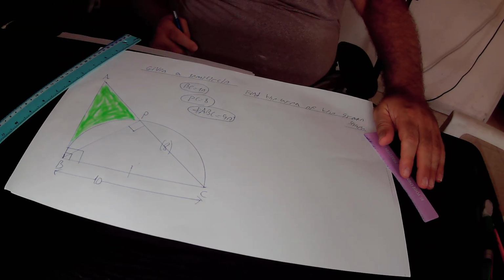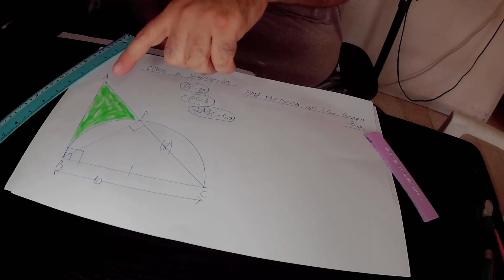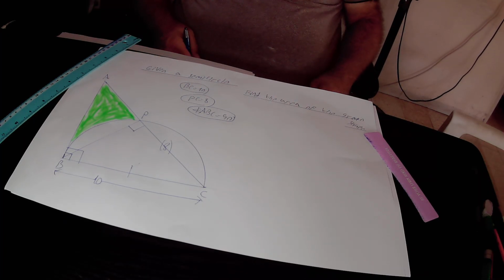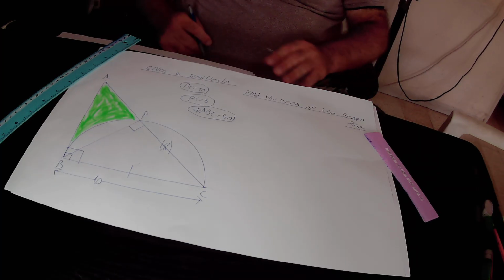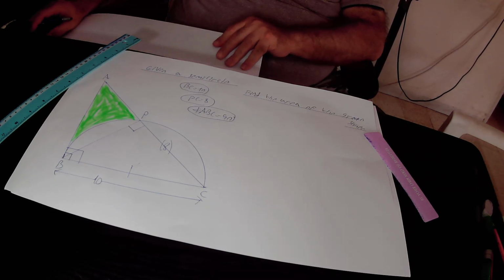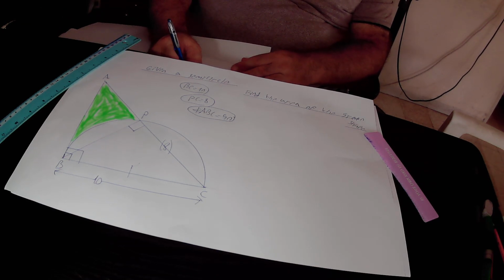So in the next step we will implement the Pythagoras theorem on the right triangle BPC. According to the Pythagoras theorem, in any right triangle, the square of the hypotenuse equals the sum of the squares of the perpendiculars. Here is the relation for the Pythagoras theorem.